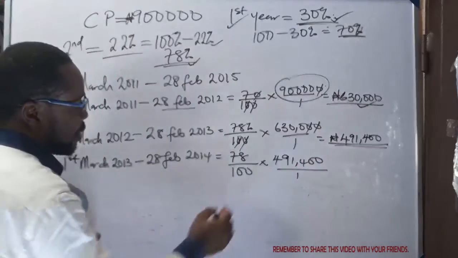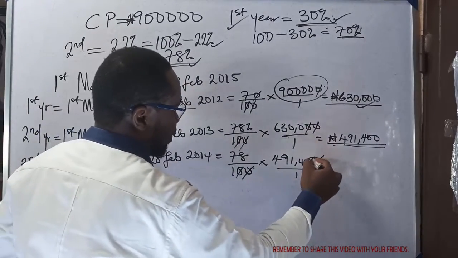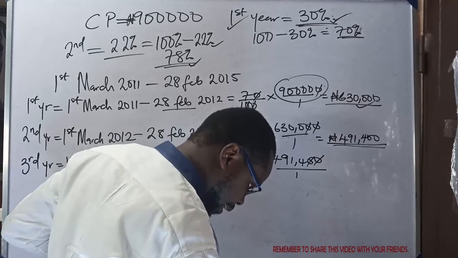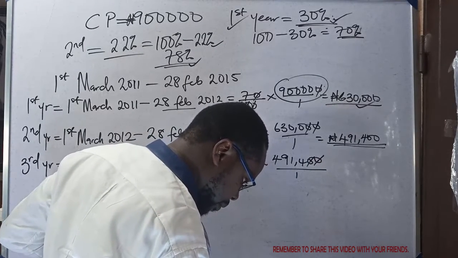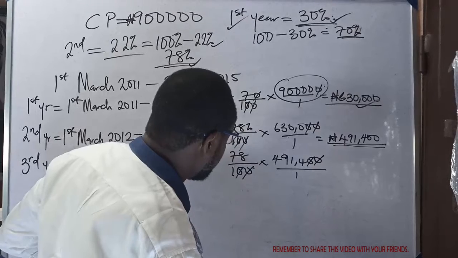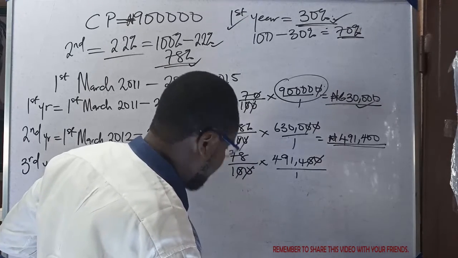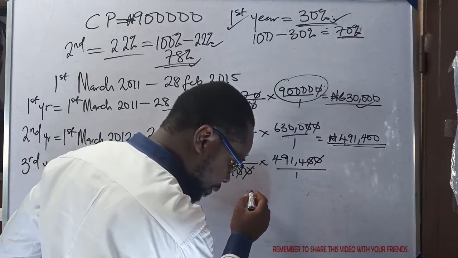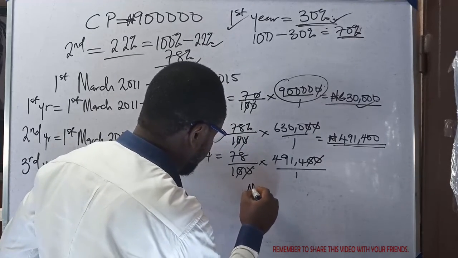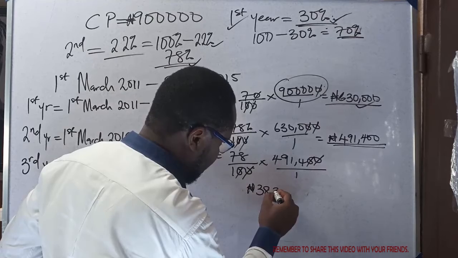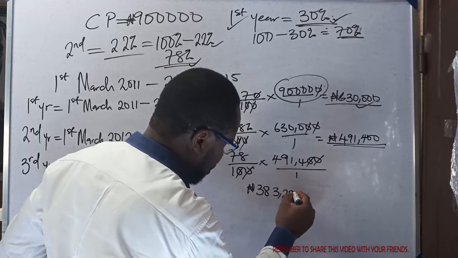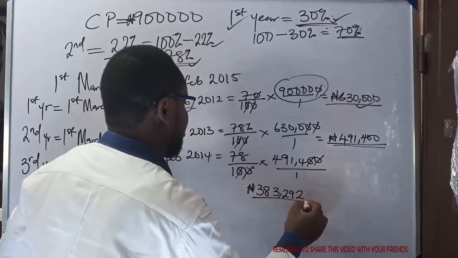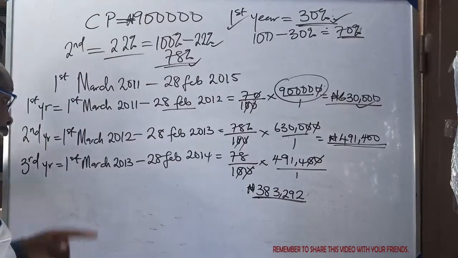So we have this. I can cancel this and this for this and this. So I'm multiplying by what? 78. So in that case, I have 383,292. That is the value at the end of the third year.